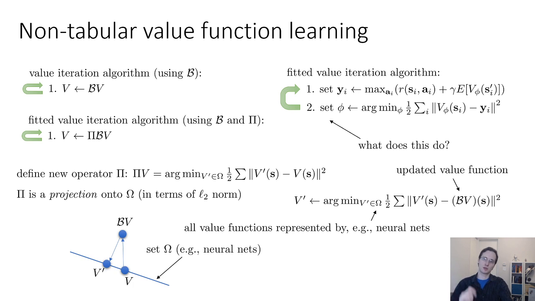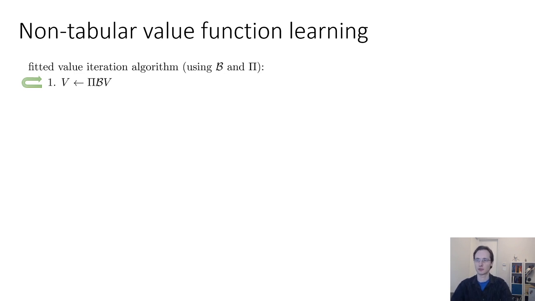And pi is also a contraction, because if you project something on the L2 norm, it gets closer. So the complete fitted value iteration can be written also in one line as just v becomes pi b v. So first you take a Bellman backup on v, then you project it, and then you get your new v. So that's our fitted value iteration algorithm.